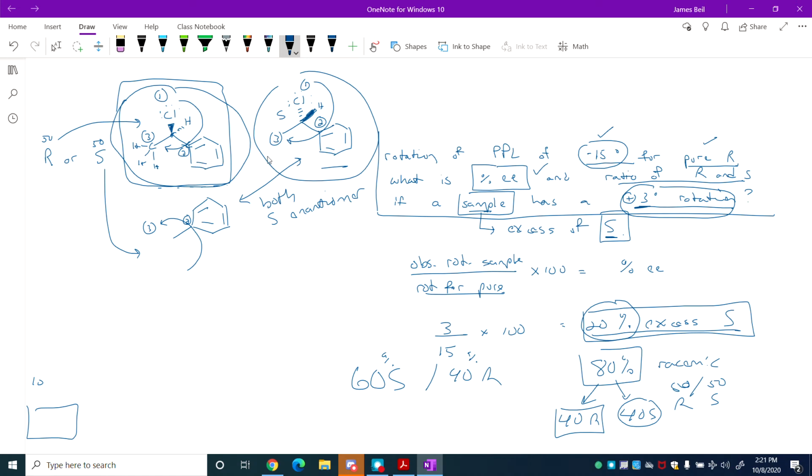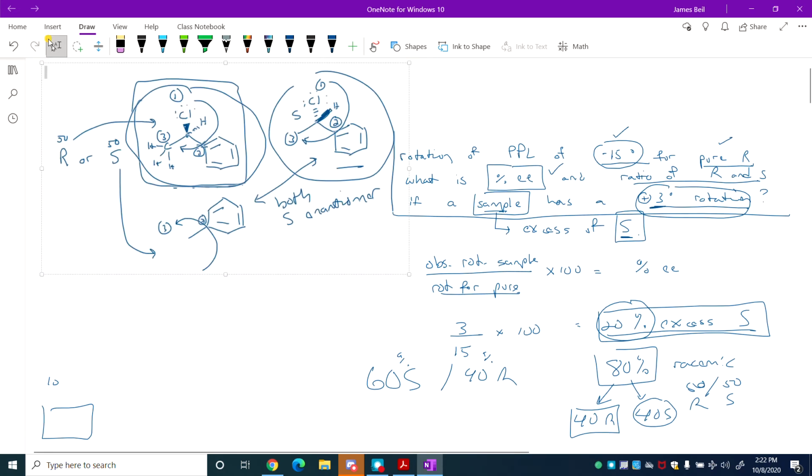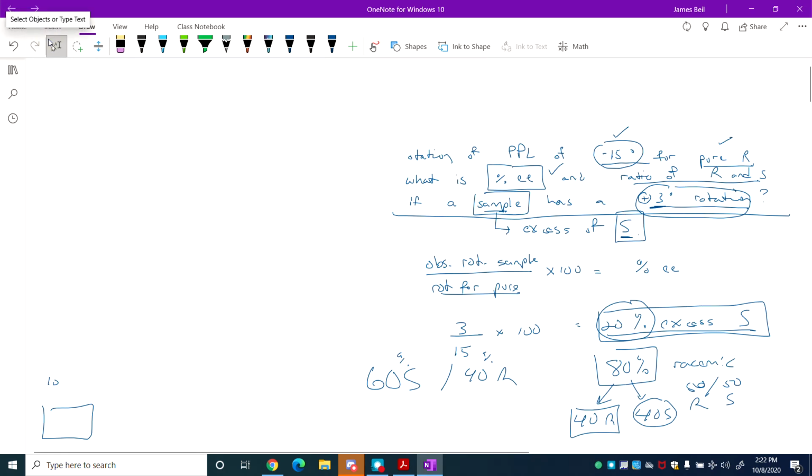But the idea of a resolving agent is to add a second chiral center. So let me just redraw these structures since there's so much clutter over here. So here was the one enantiomer, and here's the other.